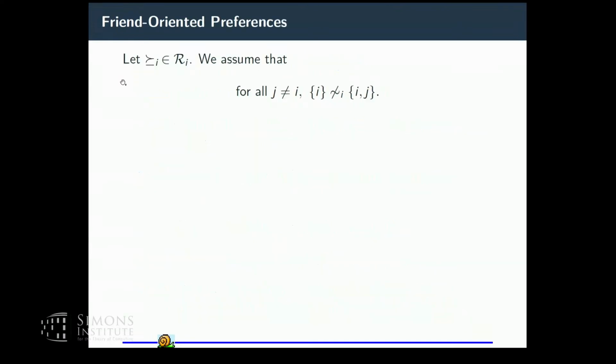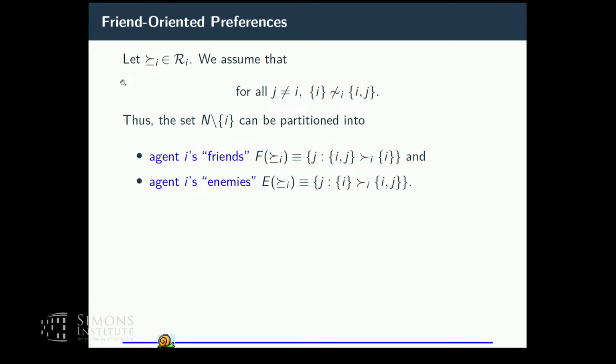And the preferences I'm going to talk about are assuming that you are able to consider how you think about another person together with yourself. One assumption I make right now, but I will drop it at the end of the talk, is that you're not indifferent between being alone and being with somebody. Now, the moment I make this assumption, I can actually partition the set of agents into two types of groups, namely the friends.